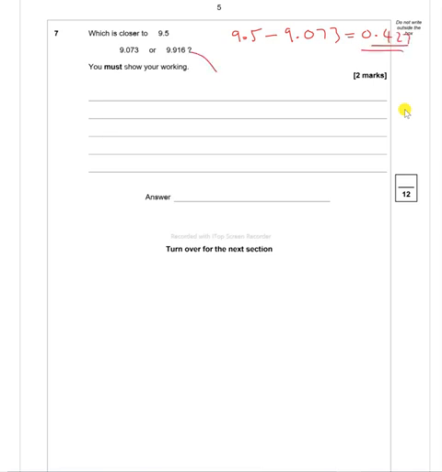Now we do the same thing here. So you take the bigger number and take it away. So it's 9.5. So we're going to do 9.916 minus 9.5.